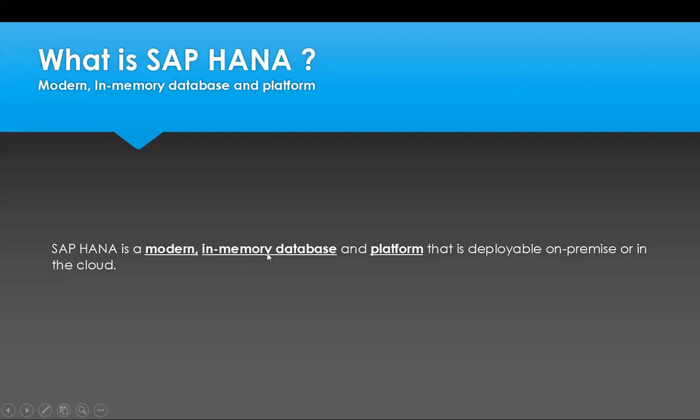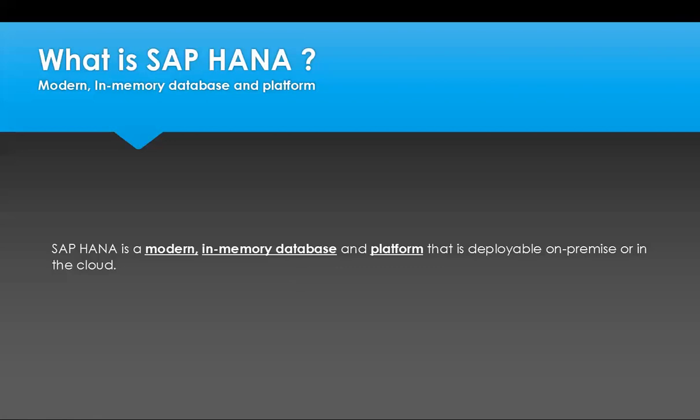By in-memory database, this means that the complete data stored in the HANA database resides in memory. Now, no more disk input-output bottlenecks are there, and the whole processing is in memory, which can access the data 10,000 times faster as compared to the disk.